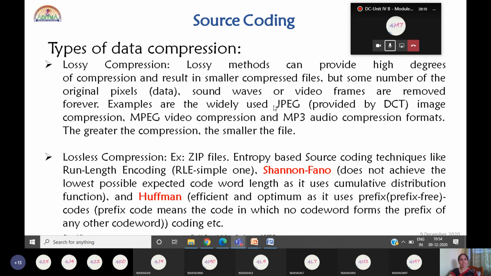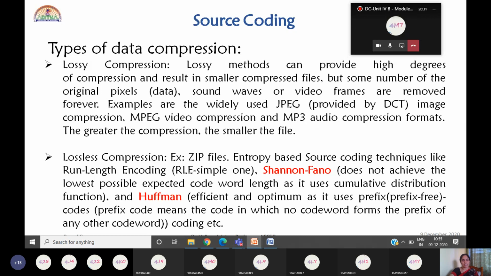Next, examples are the widely used JPEG. I think you know that JPEG image. It can be compressed to a lesser size, provided by the discrete cosine transform. So we can compress it a lot, but what is the drawback here? The efficiency of the image gets reduced.